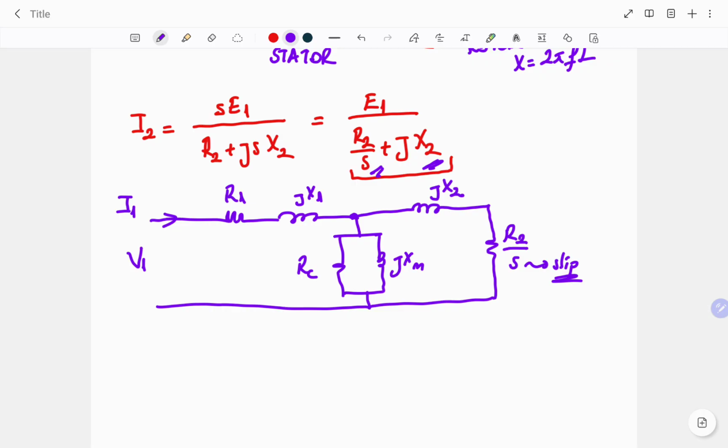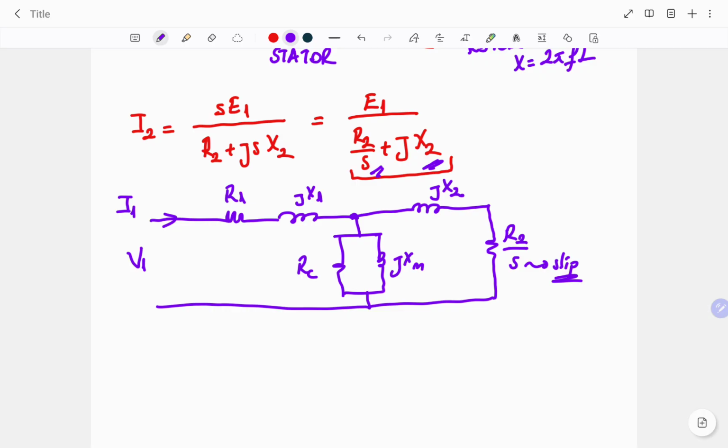RC represents the core losses, which are again hysteresis and eddy current losses. Because they are in phase with the applied voltage, their effect in the circuit will be in phase. Because of this, we represent it by a resistance.